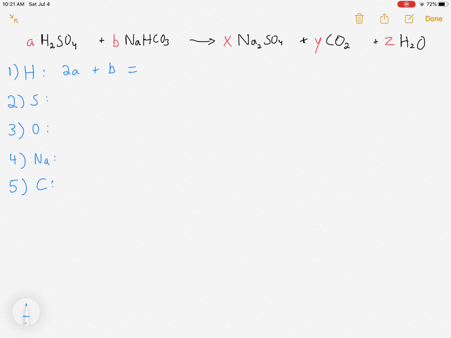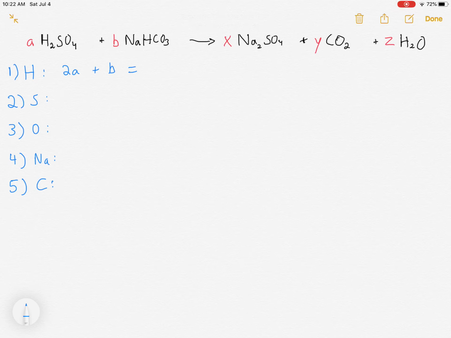I'm putting an equal sign because we know that whatever coefficients appear on the left side of the reaction equation are going to have to balance out with those on the right side of the equation, right? So that's why we have an equal, we have a balancing, where you're thinking of it like a scale. So 2A plus B is going to have to equal the hydrogens on the other side, right?